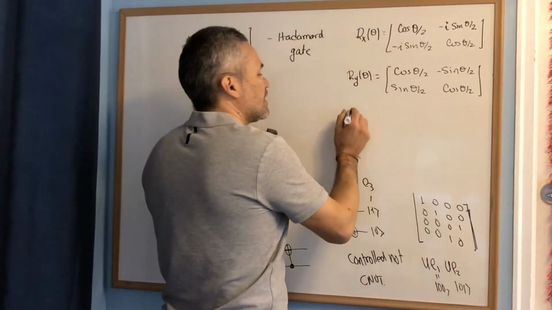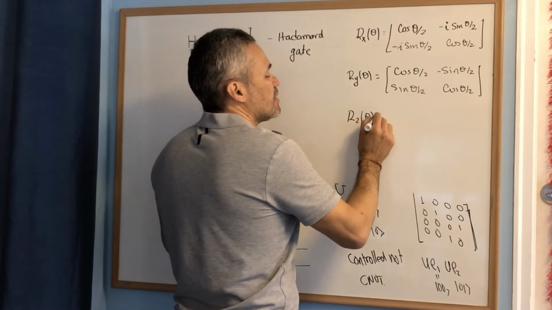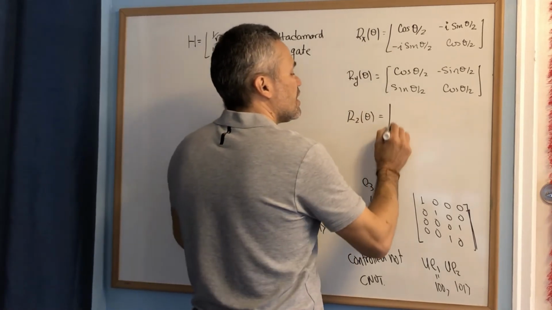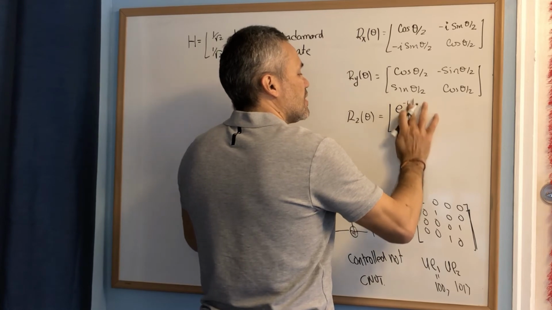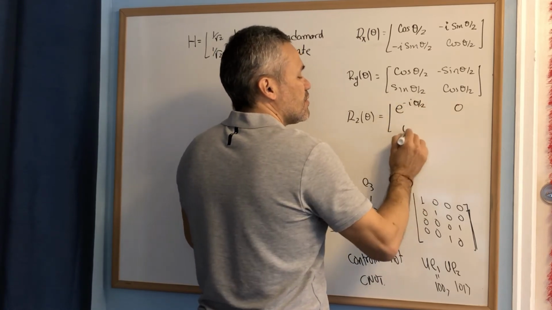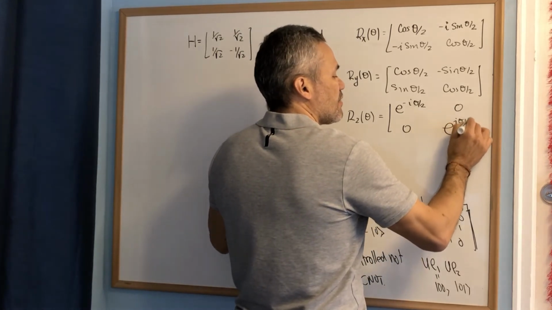And the last gate that I want to write down here is Rz of theta, and this is e to the negative i theta over 2, 0, 0, e to the i theta over 2.